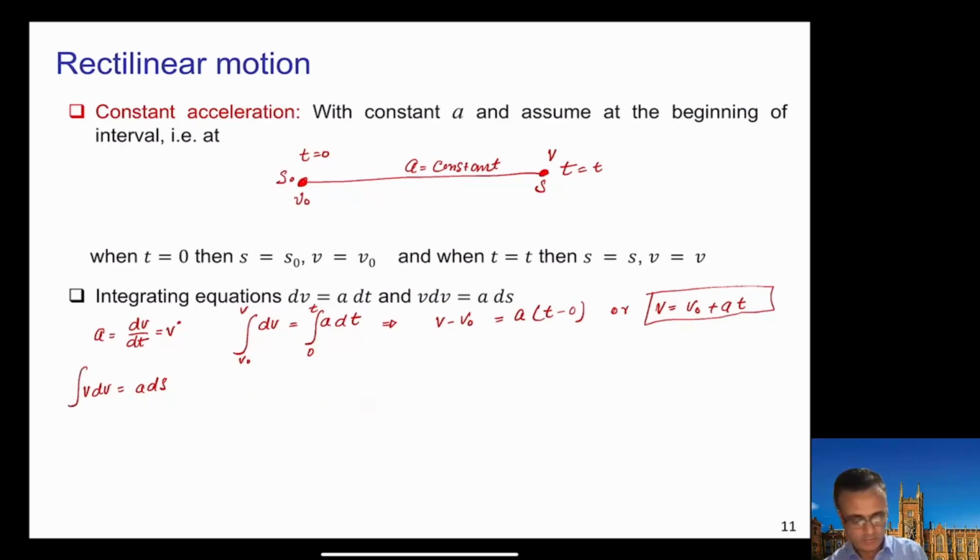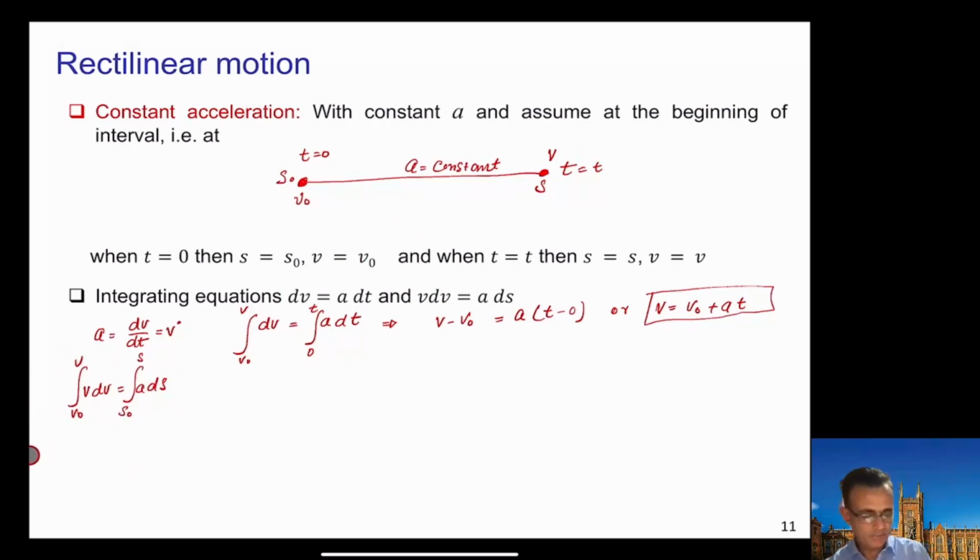On the left hand side you put the limits of velocity, which is v naught and v. This means that the velocity is changing from v naught to v, and again a is constant. The limit of displacement is s naught to s. So again we are using these equations here.